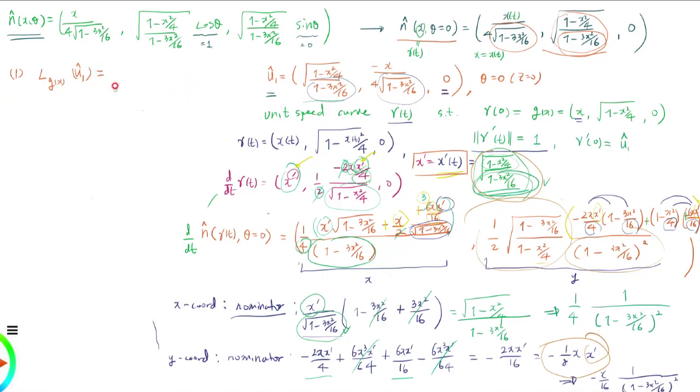Okay, so the shape operator of this one is minus of the directional derivative in the u1 direction of its unit normal vector, which on this generating curve g of x is 1 over 4 times 1 over 1 minus 3x squared over 16 and each square, and minus 1 over 16, 1 over 1 minus 3x squared over 16 and each square, comma 0.